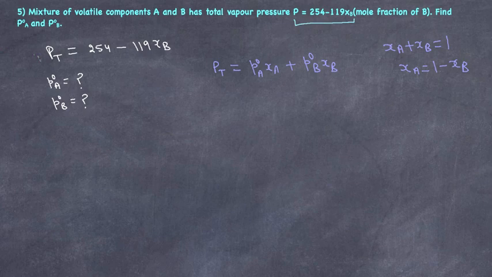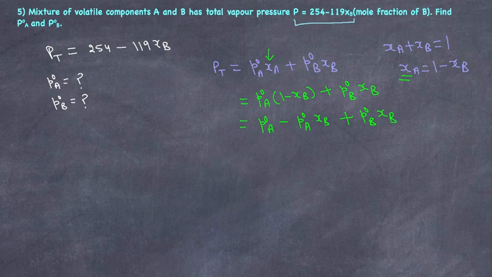What we're gonna do over here, we're gonna plug in the value of this XA in this equation. So this will give me P naught A, and XA can be written as 1 minus XB, plus P naught B XB. Let's open the parenthesis. P naught A multiplied by 1 gives me P naught A. P naught A multiplied by XB gives me P naught A times XB plus P naught B XB.